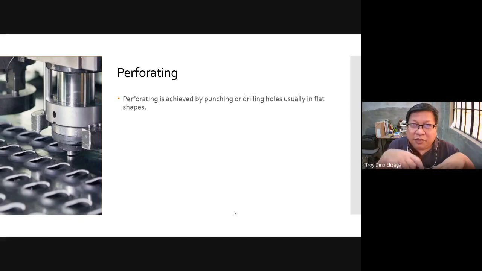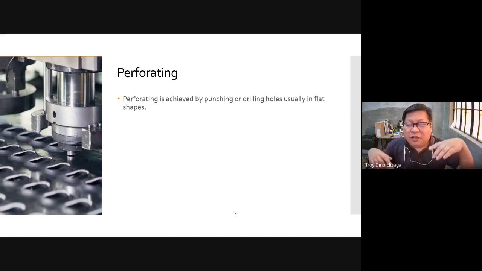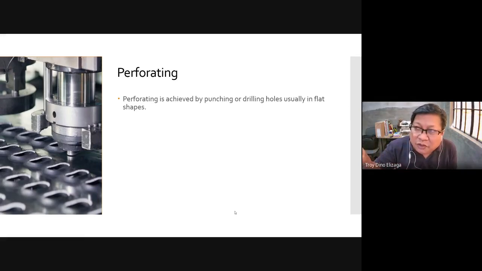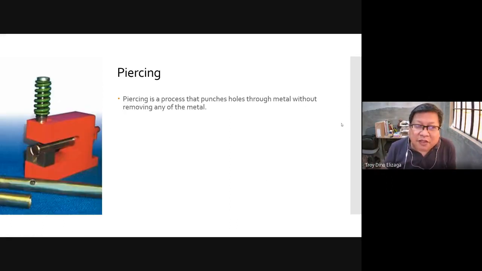Also, you're putting a hole, but you're not putting it through all the flat sheet. For example, all the wire mesh that we see, which have holes, which are not weaved or woven, they're perforated. This is what I meant.